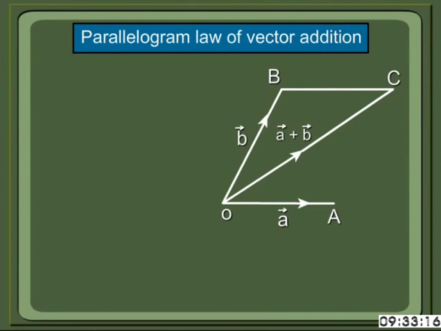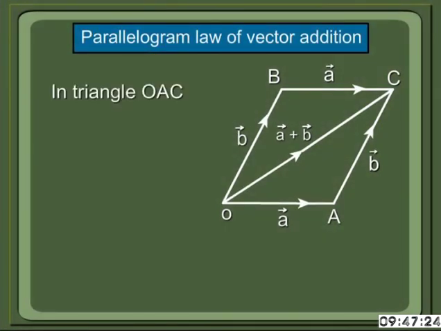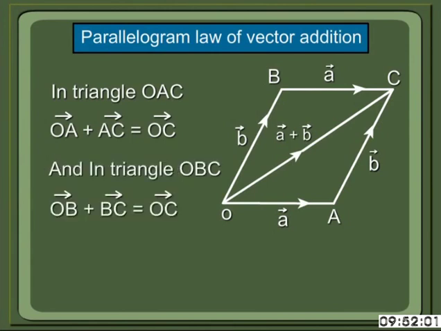Draw the parallel vectors BC to OA and AC to OB. The total displacement from O to C can be found in two ways: from A to C by B, and by A. In both cases, the sum of the vectors is vector A plus vector B. This is known as the parallelogram law of vector addition.